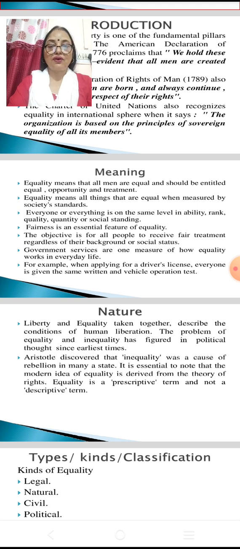In the eye of law, all are equal, of course, whether they belong to any community, any religion, speak any language, belong to any custom, creed, caste. No discrimination will be done. All are the same in the eye of law.